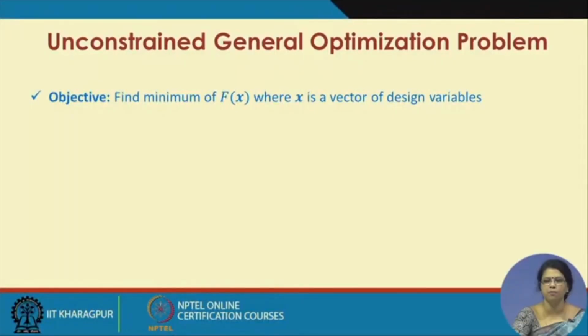For example, consider minimization of x square plus y square, where x varies from minus infinity to plus infinity, and y varies from minus infinity to plus infinity. You must understand that we are considering a circle centered at 0. If we consider different level curves of the objective function, we are just changing the diameter of the circle.